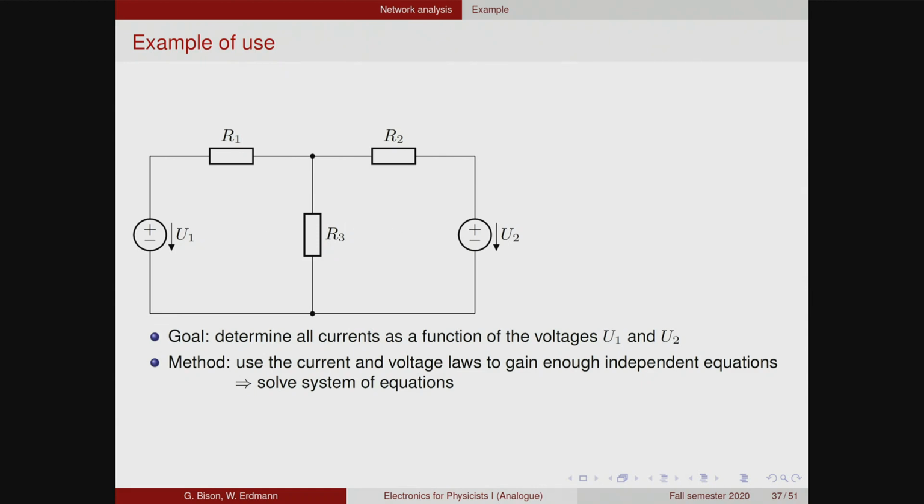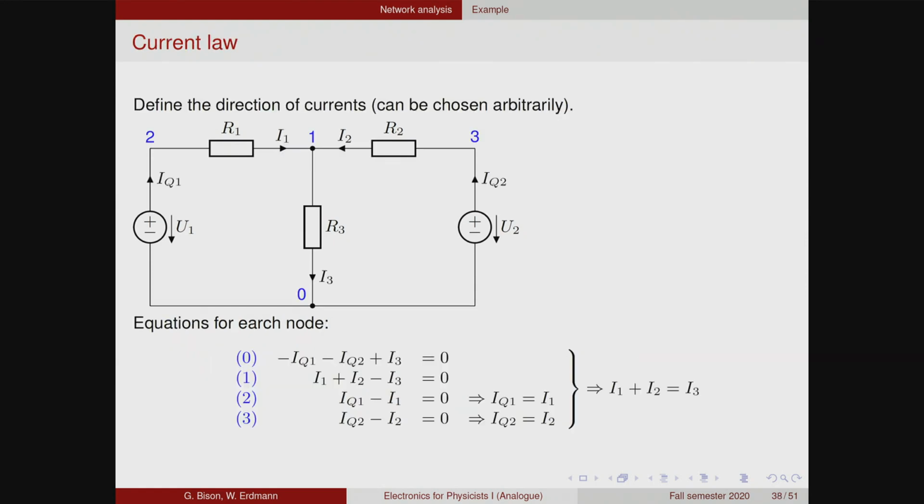And the method is to use the voltage and current laws to gain enough independent equations and then solve the system of equations. Okay, so let's do this with the current law.